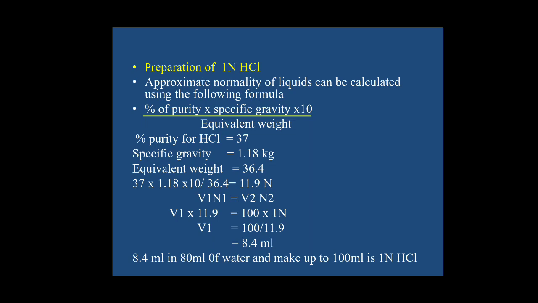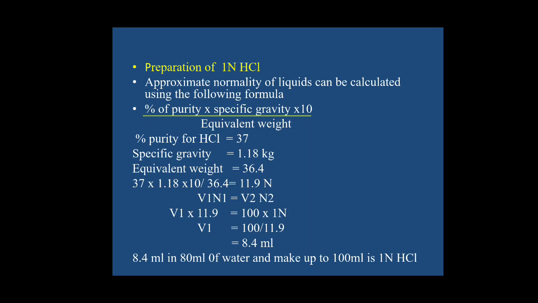Okay, then if we want 1 normal of 100 ml solution, we have to calculate by putting this formula: V1 N1 is equal to V2 N2. V1 we have to calculate, N1 is 11.9 normal, into V2, we want 100 ml, into normality, 1 normal.